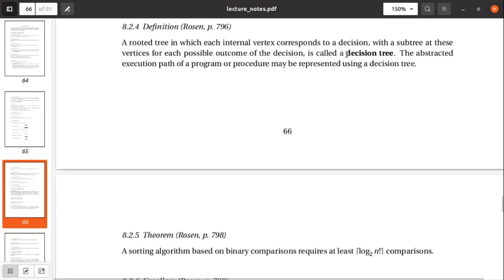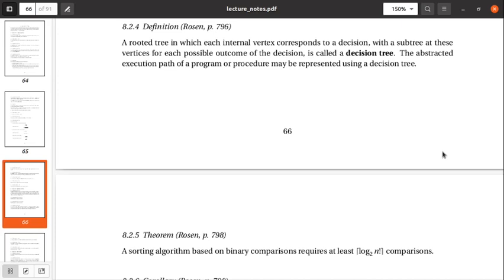Decision trees, we can think of them as being binary trees, right? Or we can think of them as having any arbitrary number of children, whenever the flow control construct that you're using is, rather than if and else, like an if, else if chain, and then else, or whatever. Or a switch statement where you have one of many possible outputs.